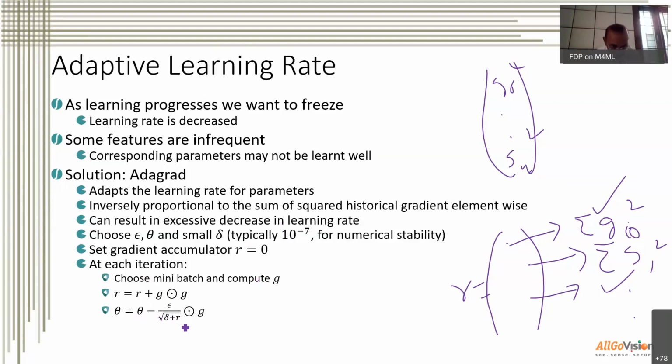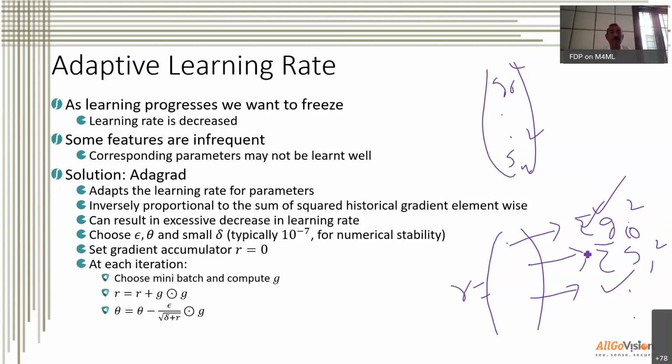When R is 0 for a particular component, this delta will come to the rescue, and it will not be divided by 0. So that's why for numerical stability you choose a small delta. Now you can see that a parameter which has not been updated enough doesn't decrease as much, and if some R component is high, that means it has been updated enough number of times, so that learning rate automatically goes down as R is in the denominator, right?